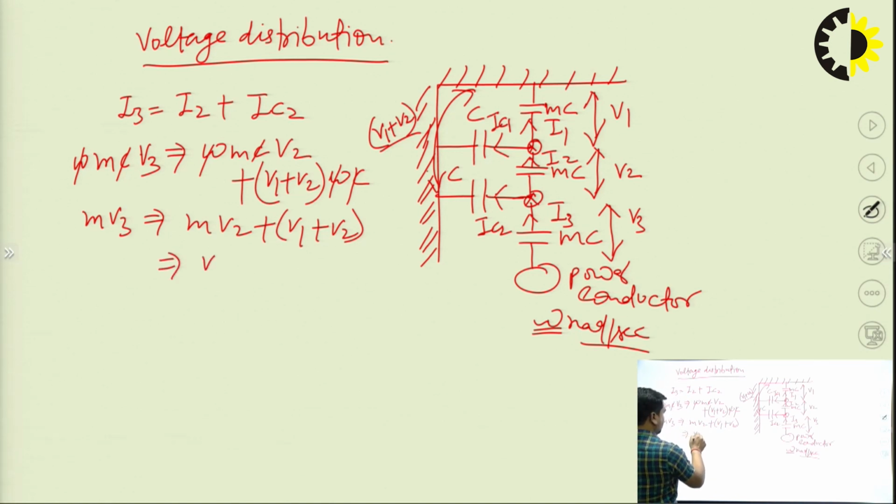It becomes V1 plus (1 plus M) V2 equals M V3.